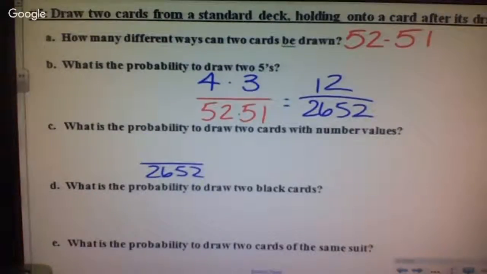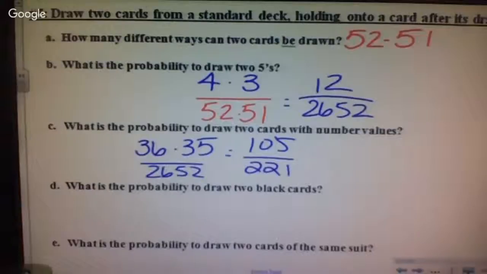So 9 times 4 is 36. So the first time I pick, I've got 36 I can pick from. The second time I pick, I only have 35. 105 out of 221.